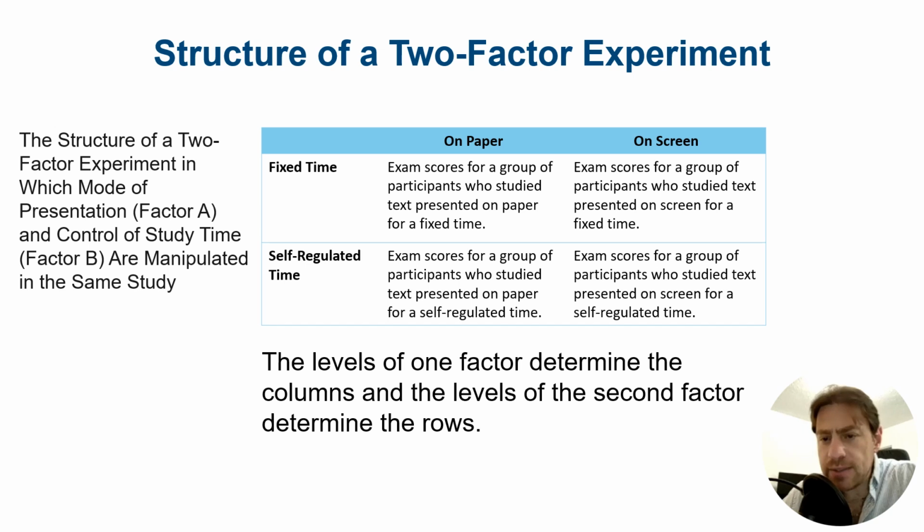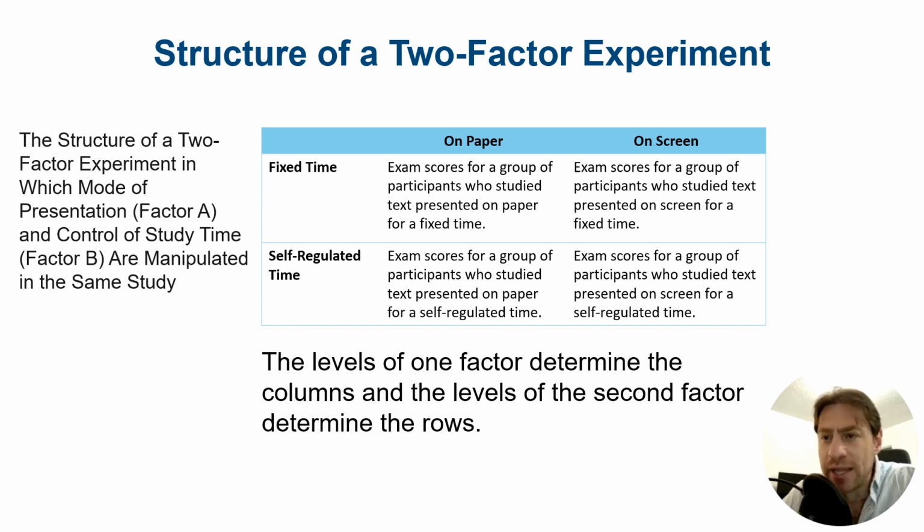All right, so let's consider this study here, and I'll explain it. So in the study, people were given study material and were later tested on that material. So that was the dependent measure. How well are you able to learn this material that you are given? And there were two independent variables. One was the mode of presentation for the material. This had two levels.